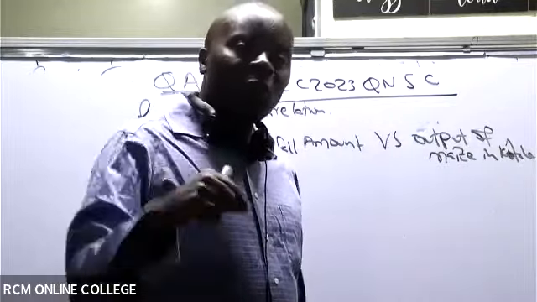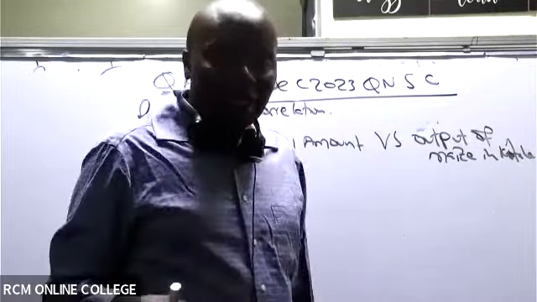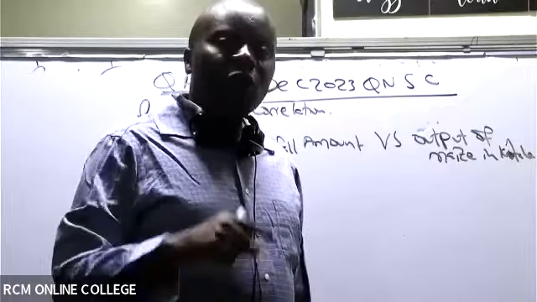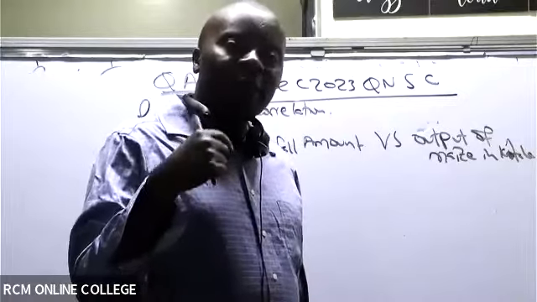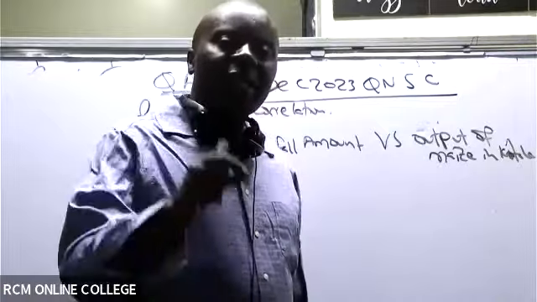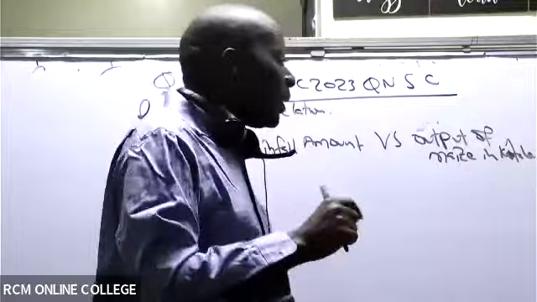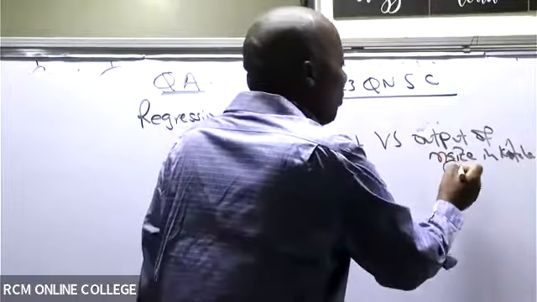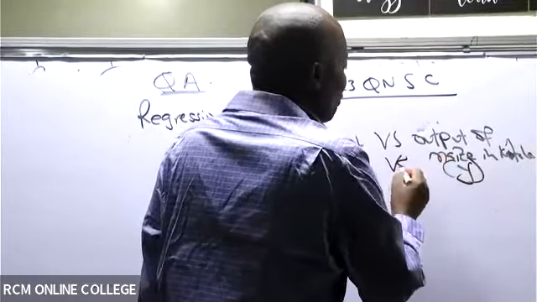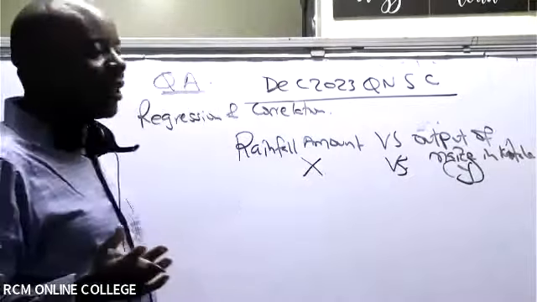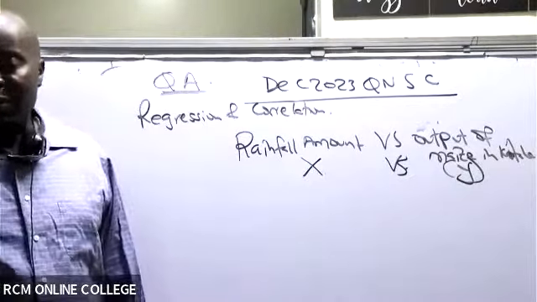The moment you confuse there, you get 0 in the entire question. The one that depends on the other is the output, which depends on rainfall. So automatically the output here will be Y, and the other one will be X.